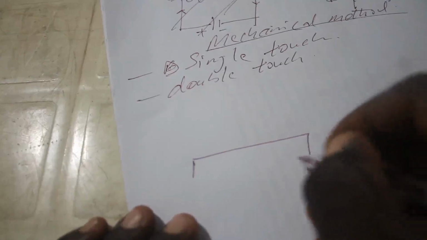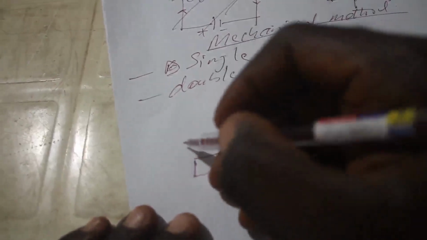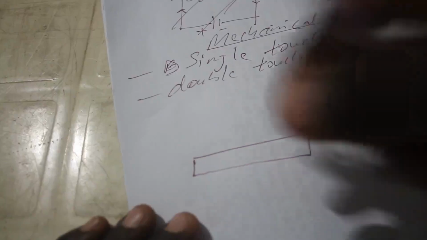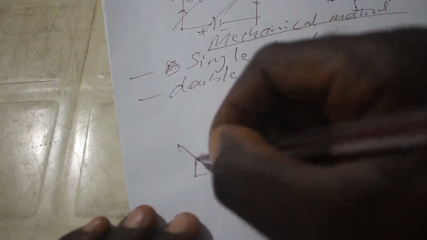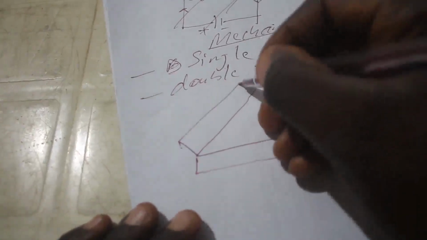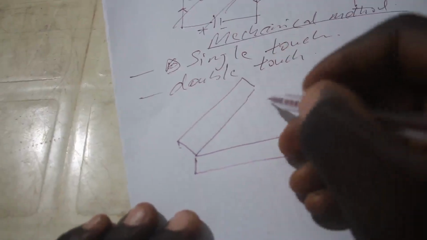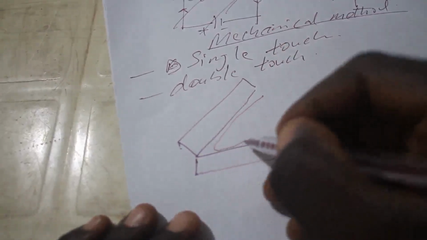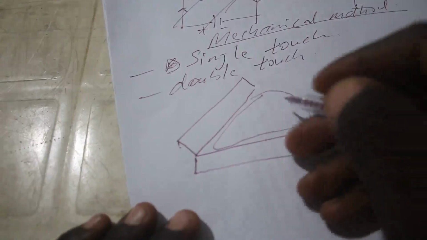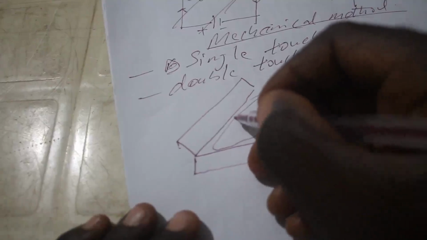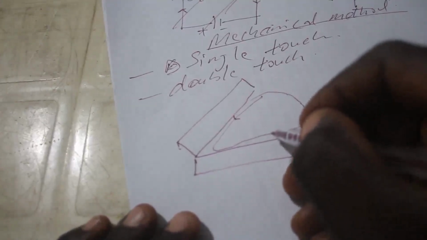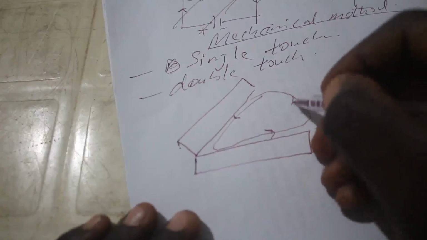Let's say the specimen to be made into a magnet is here like this. Then you take a bar magnet of known polarities. Take a bar magnet of known polarity, and then you stroke this magnet in this way, in the direction of the arrow.